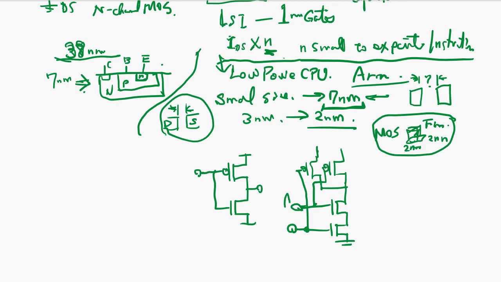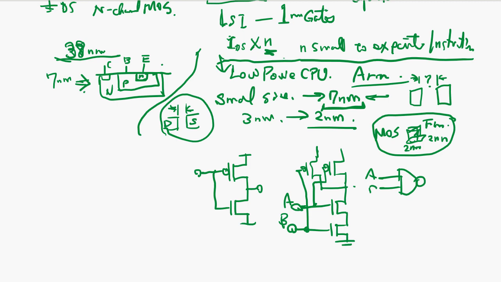When you have A and B, when A is on and B is off, then it won't work, right? Because this is off, so it's always already high. That means it's a NAND gate, right?